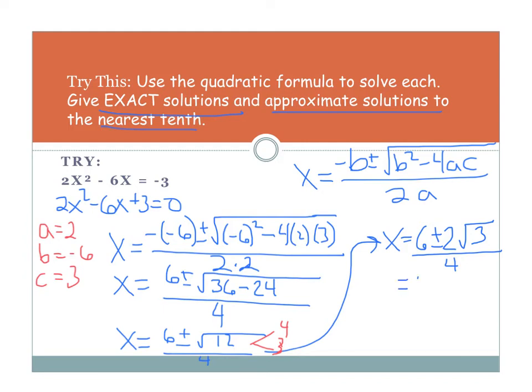So I have 3 plus or minus, well 2 divided by 2 is just 1, so we're left with the square root of 3, all over 2. And there's our final exact answer. 3 plus or minus the square root of 3 over 2. Now remember, this right here is like one term. 2 times the square root of 3. So if I can simplify one of the outside numbers with that 2 with that 4, we can do that.